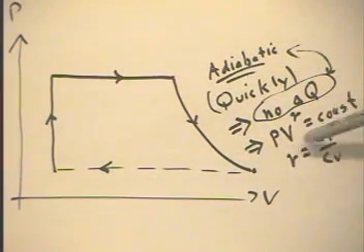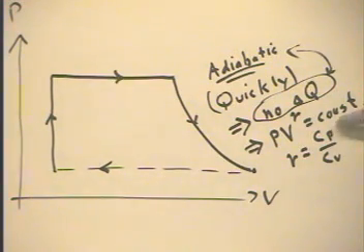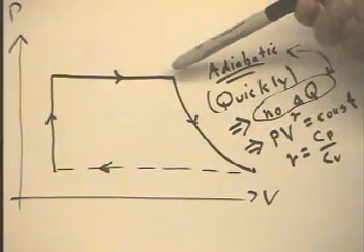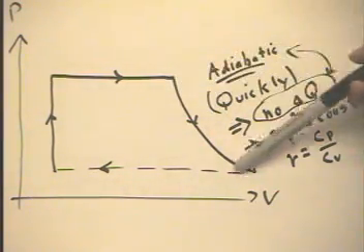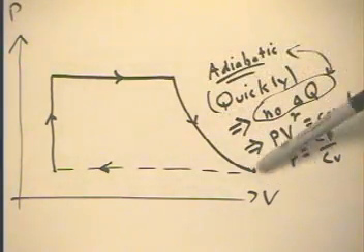Now, PV^gamma is constant. Gamma is something we can easily determine if we know these molar specific heats at constant pressure and constant volume. We can determine the value of this constant because we know pressure and volume at this state. It's going to stay the same all through this curve as it is at the original state.